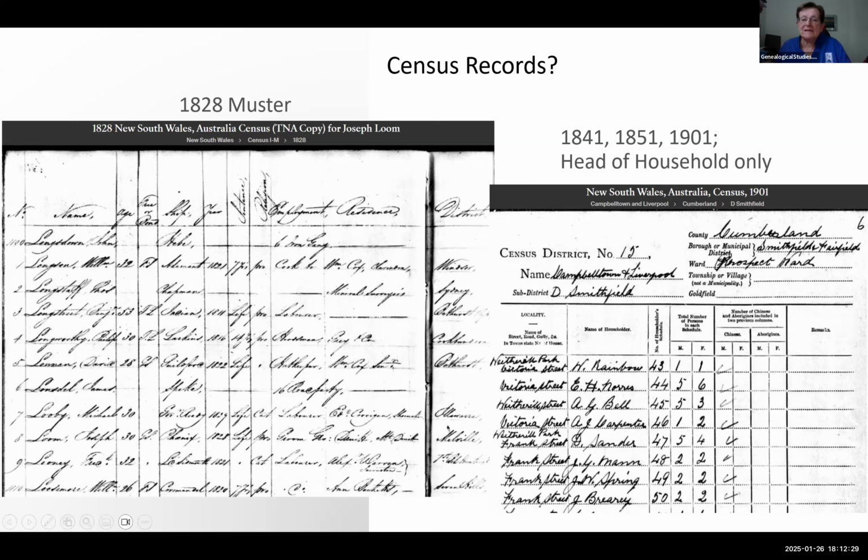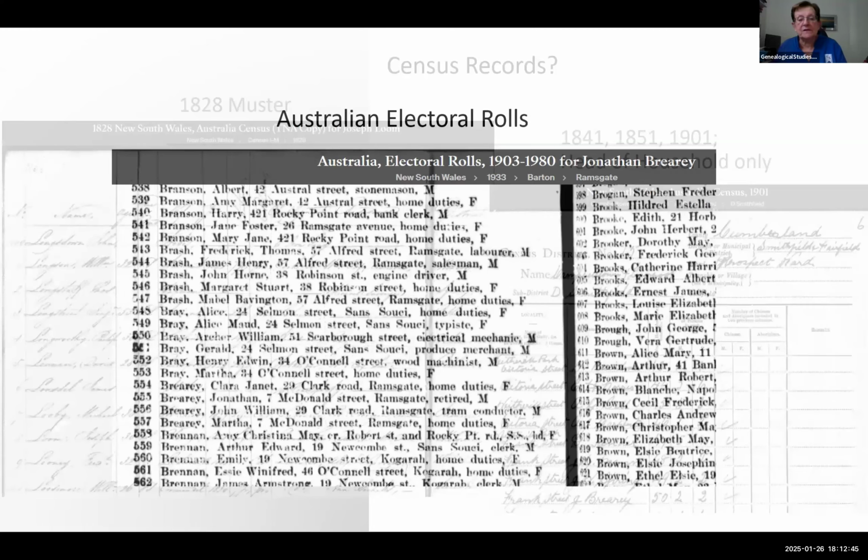And that's basically it with the census information. So you can see why it is so important for Australian research that you look for as much information as you can on those birth and death certificates.